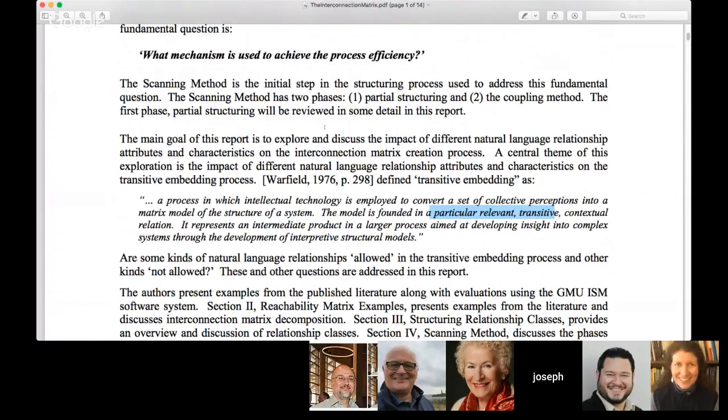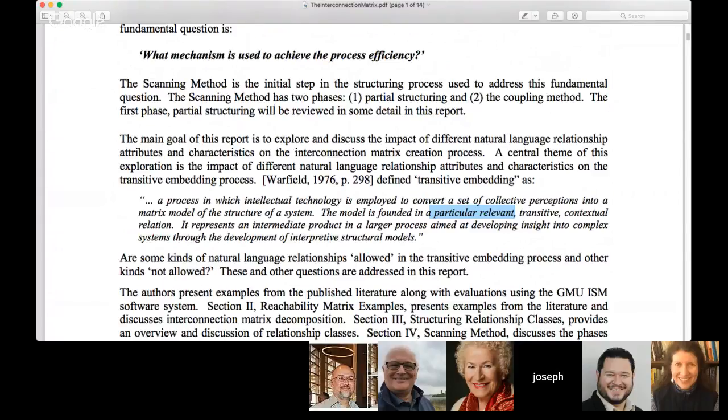Everyone focuses on this part. Oh, it's got to be transitive. Okay, yeah, it has to be transitive. No one focuses on this part: particular relevant. How do we talk about ones that are relevant and ones that are not? So it appears to me for Warfield's approach that the particular relevant has to do with a global characteristic.